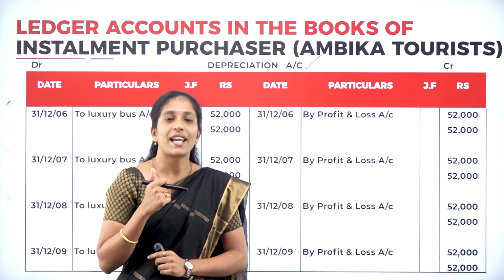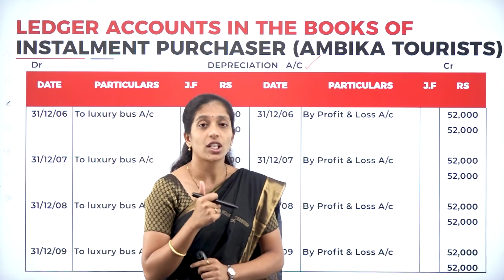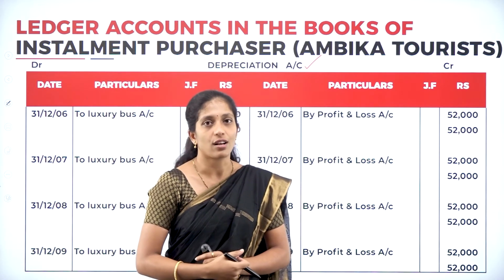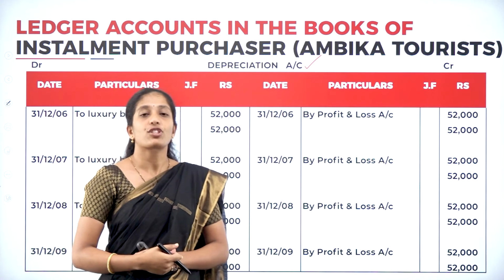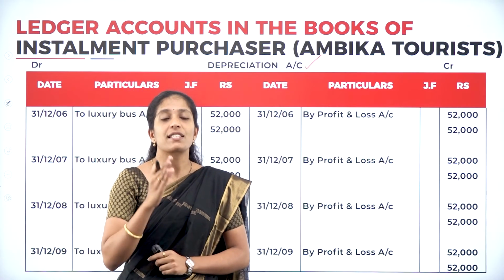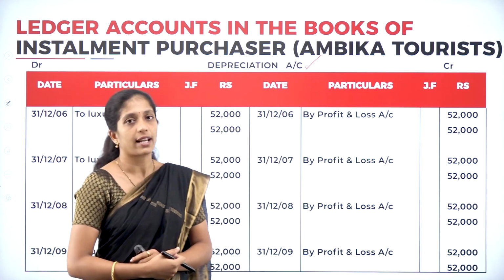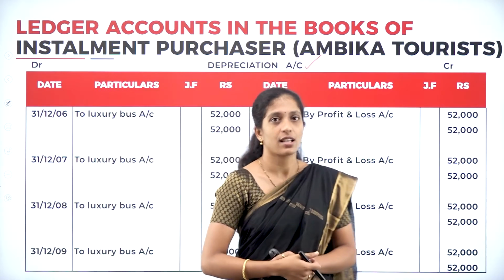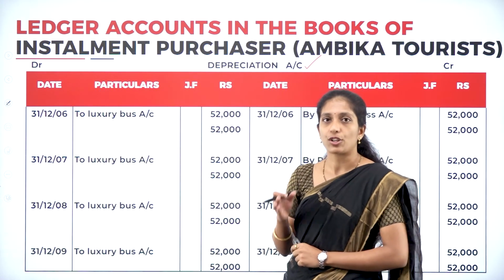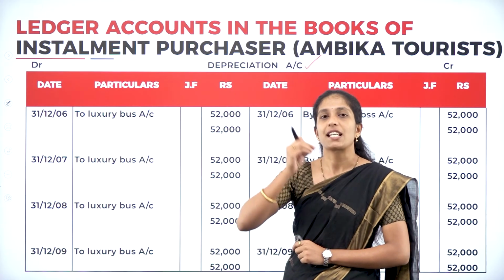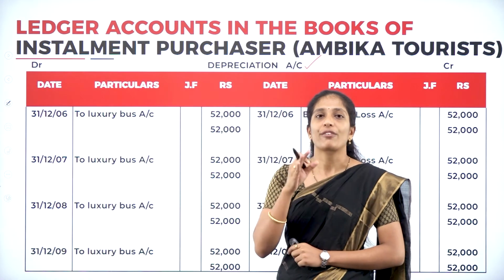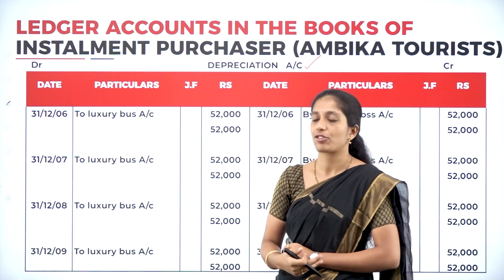Once we prepare the entry for charging the depreciation, next we transfer that depreciation to the profit and loss account. Now what is the entry for charging the depreciation? Depreciation account debit to asset account. Which is the asset here? That is the luxury bus. So depreciation account debit to asset account, and that depreciation has to be transferred to the profit and loss account. So your entry will be profit and loss account debit to depreciation account.